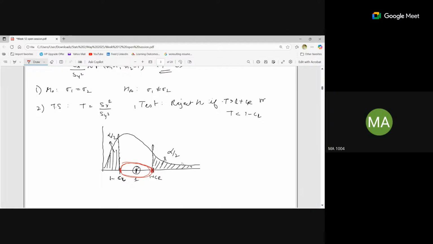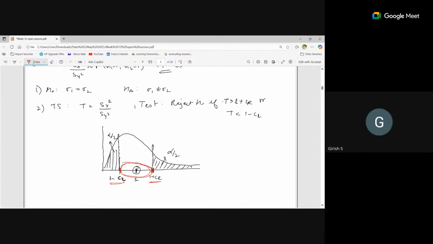So the critical values are 1 plus CR and 1 minus CL. If it is greater than 1 plus CR, I would be rejecting H naught, or if it is less than 1 minus CL, I would be rejecting H naught. Got the point? Yeah, got it, madam.